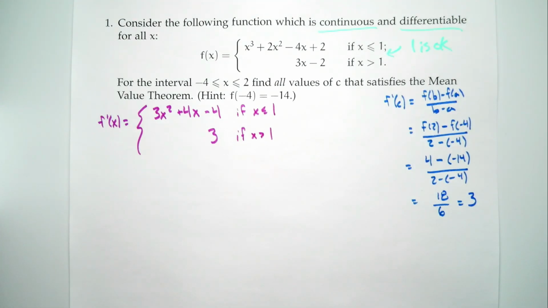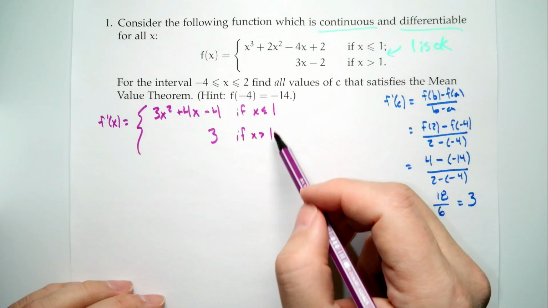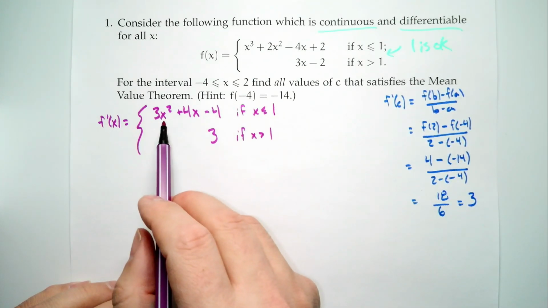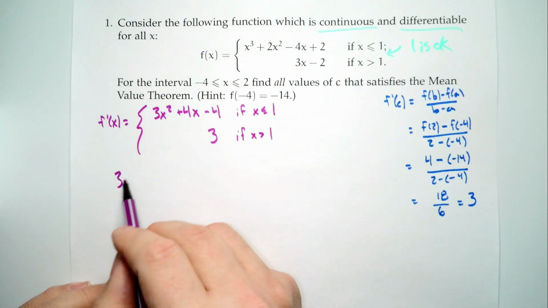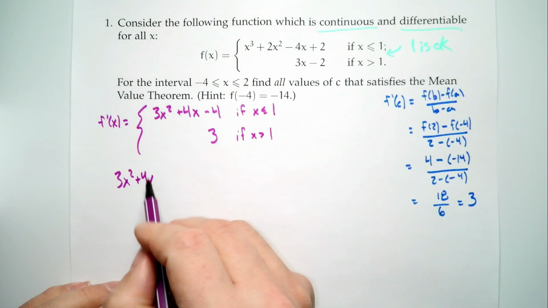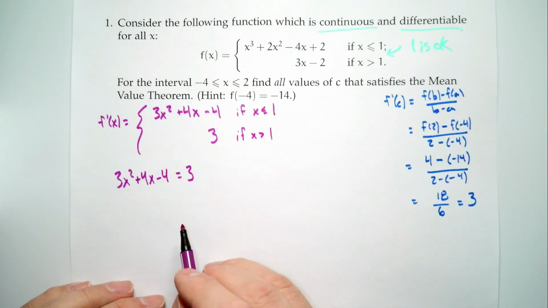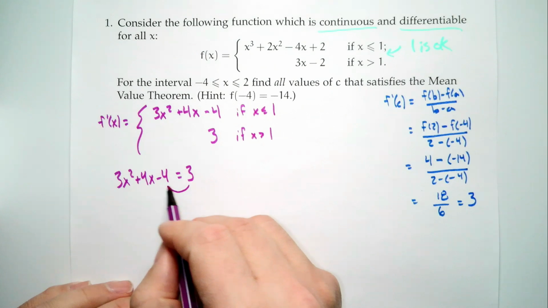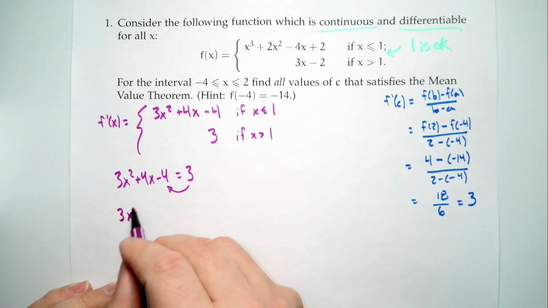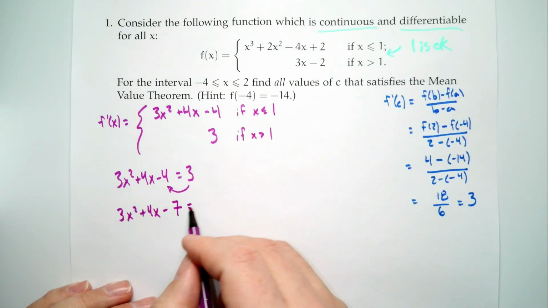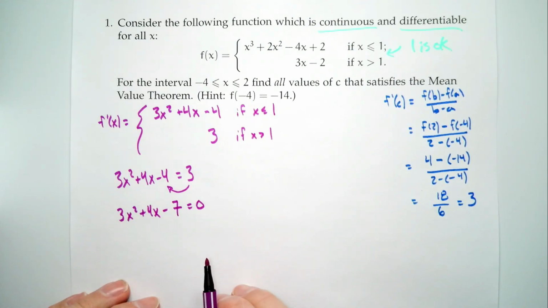Okay, so now we have to look at these pieces individually. So we start with this one. When does 3x squared plus 4x minus 4 equal 3? Well, bring the 3 across. That says 3x squared plus 4x minus 7 has to equal 0.